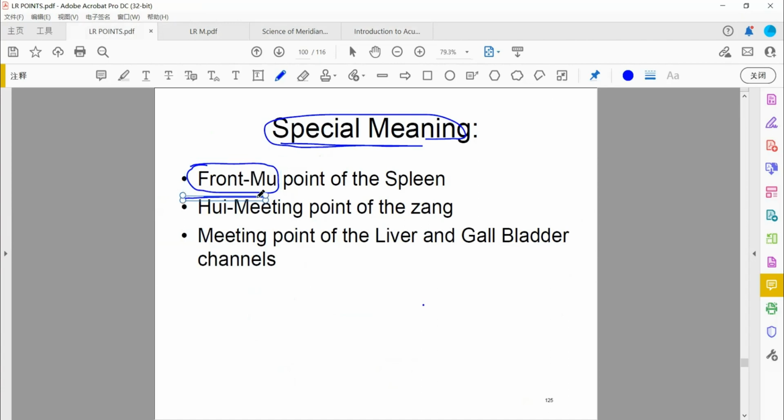The He-Sea point, usually we use it for reducing.